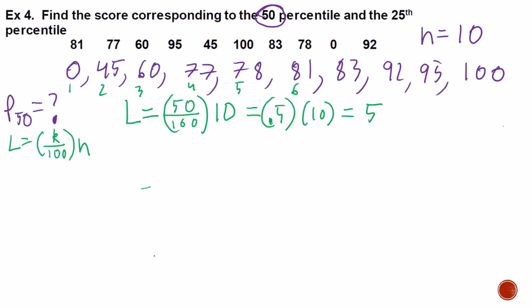So the best way to do it is to find this spot right here. Notice that splits it into 50% to the left, 50% to the right. So how do you do that? When you have a whole number, you count in 5, you add the next piece of data, and you divide by 2. You basically average them.